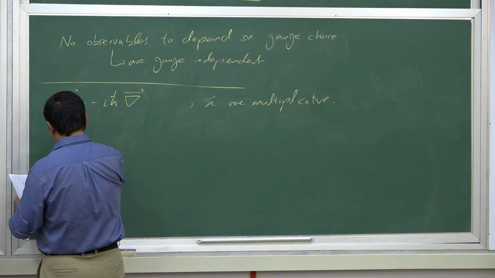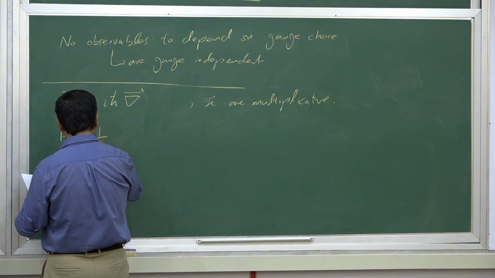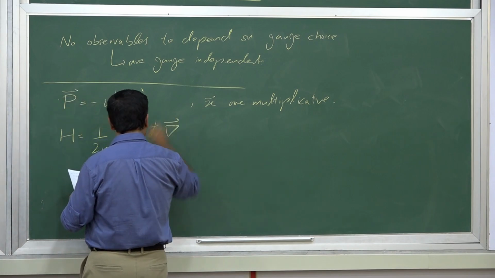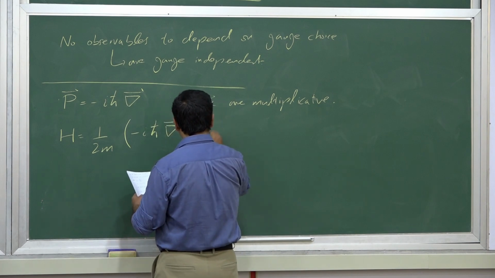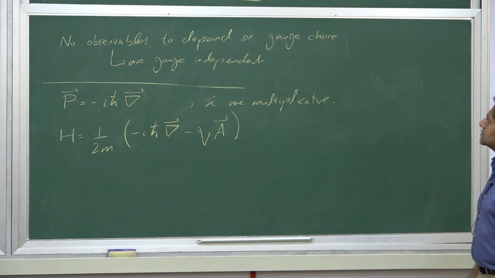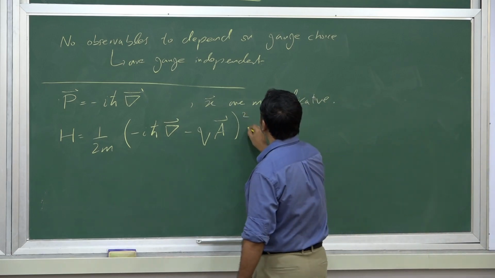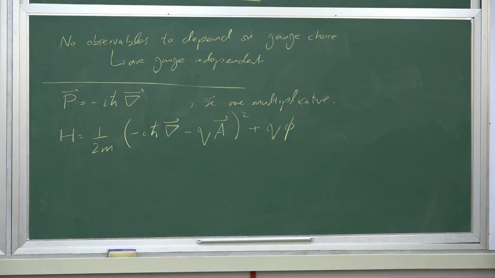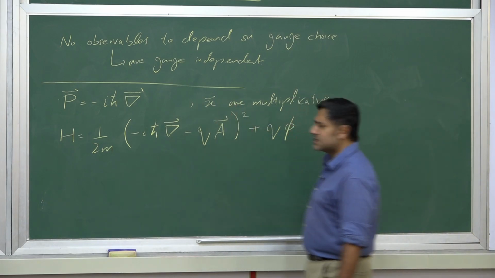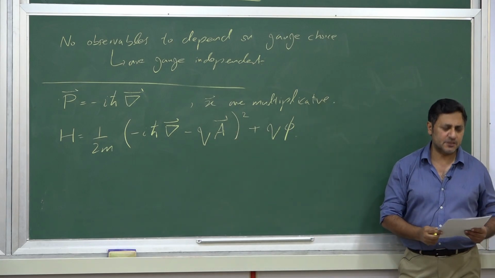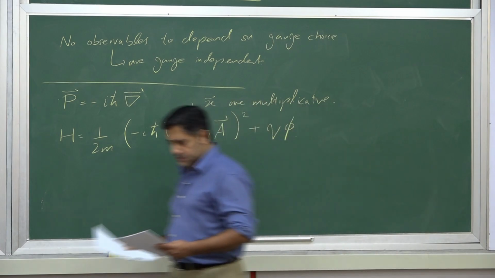So that means the Hamiltonian in this representation, which is the most familiar one, would be written like this. And now, since I have chosen a representation where these are just functions, I can now easily do my gauge transformations over here and see what happens.